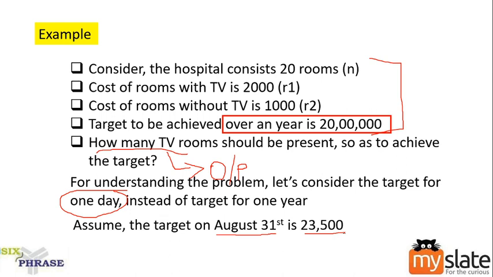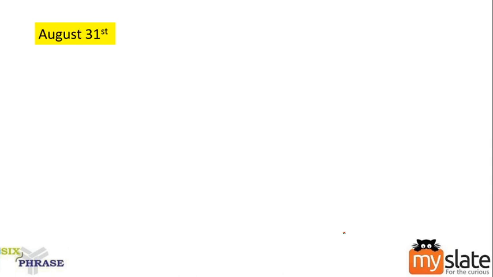August 31st. And the target is 23,500. Now, the first question that we need to solve is how many patients will arrive on August 31st? Because as you recollect, in the question they told you the number of patients is not going to be constant. The number of patients will depend on a formula.